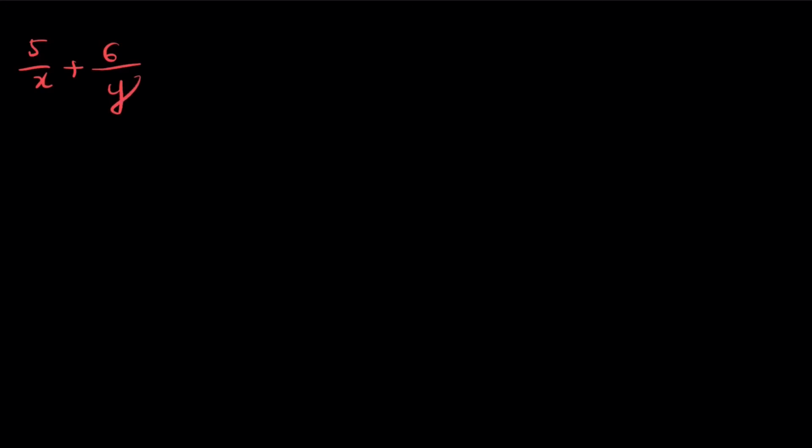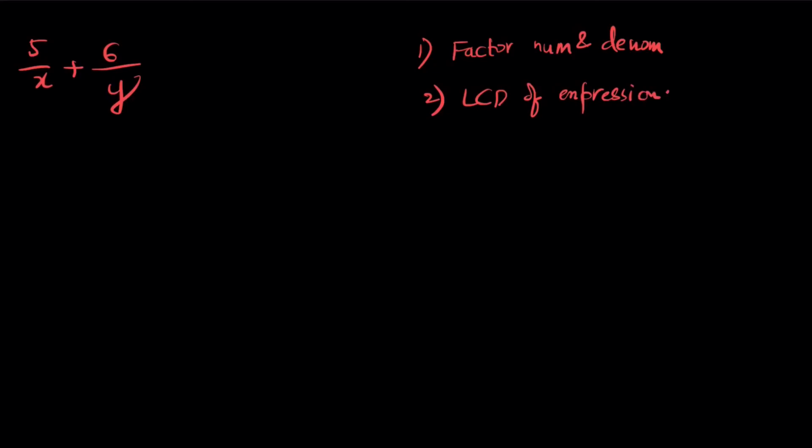So what are the steps that we're going to do? First, again the same rules, factor the numerator and denominator. Second, try to find the LCD of the expression. And third, multiply the denominators.